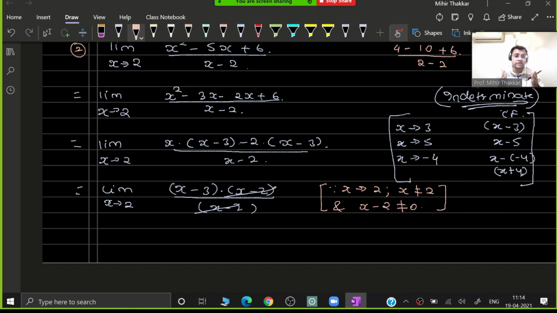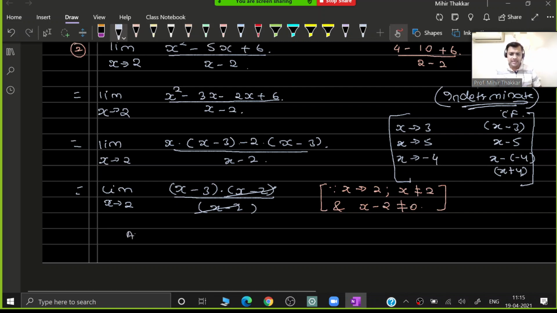I don't want an indeterminate function. I want to adjust this into a normal function which is not indeterminate. That's why I have to state that this is not an indeterminate function because x − 2 will not be equal to 0.